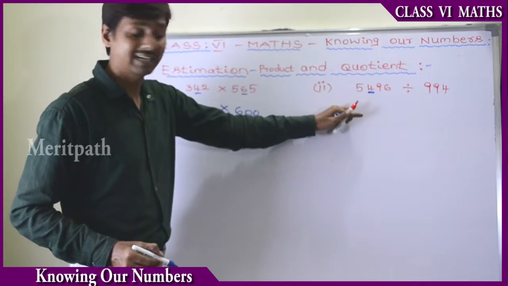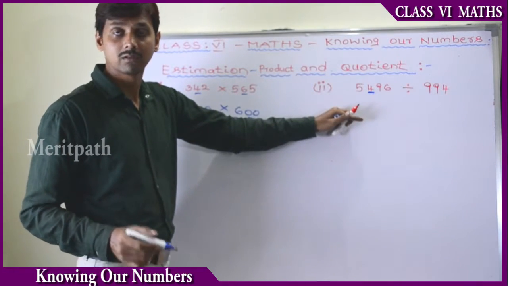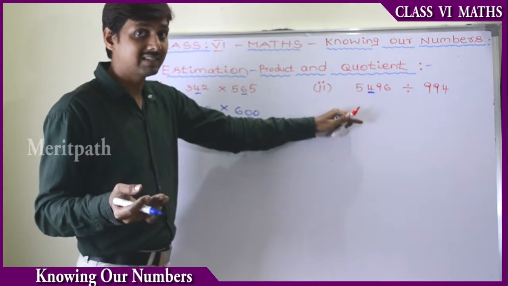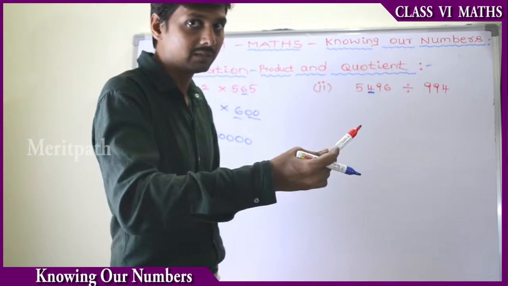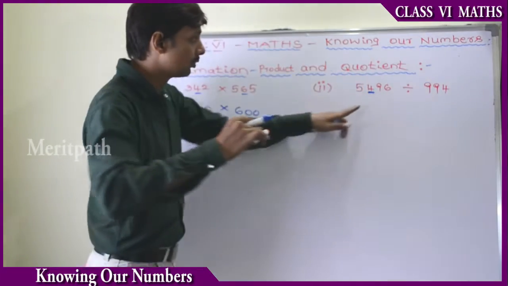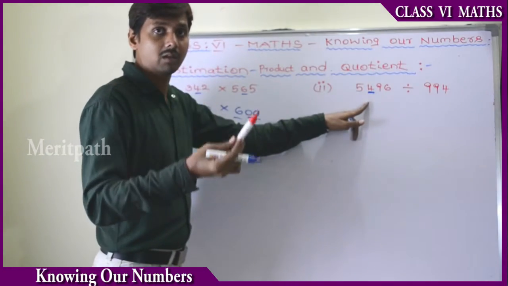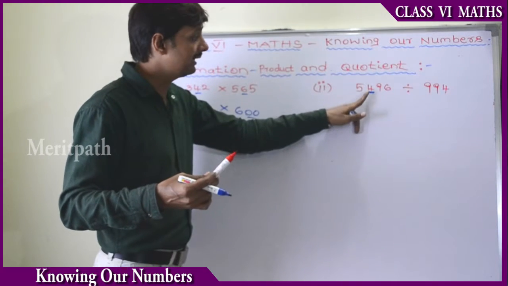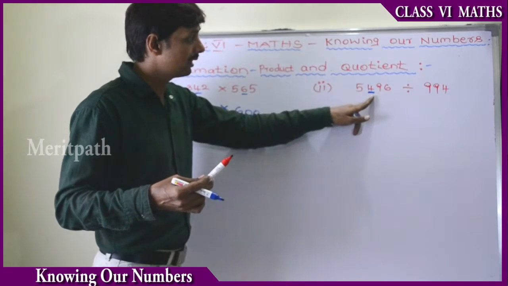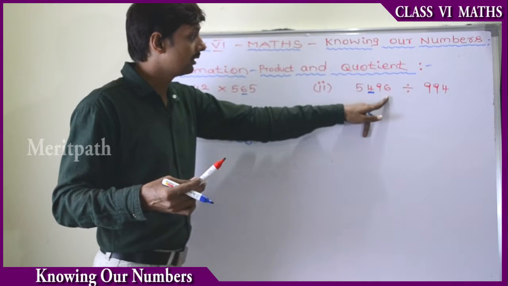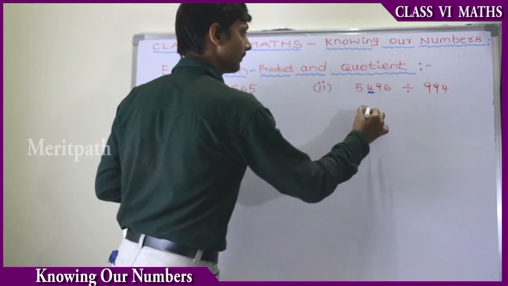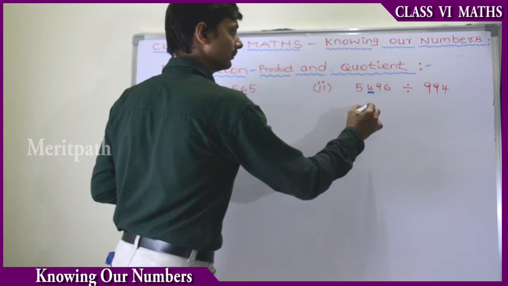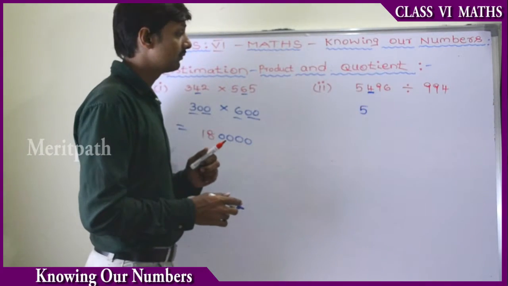This digit is 4, it's less than 5, because if it is 5, then we'll take the next digit. Then 496 becomes 5,000. 5,496.